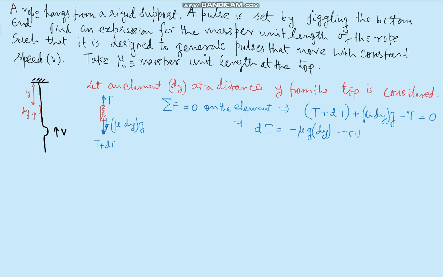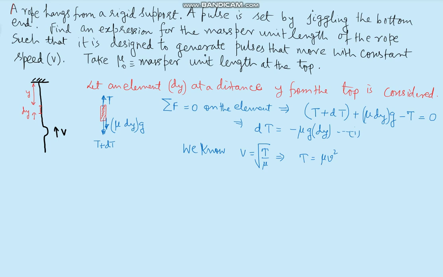Secondly, we know that v is equal to root over T by mu at a particular location. So here we can write it as T is equal to mu times v square.